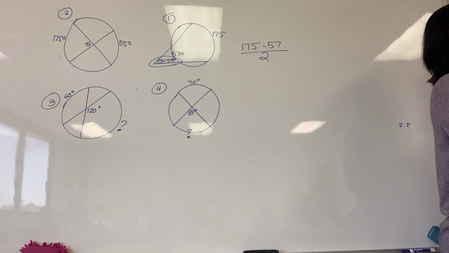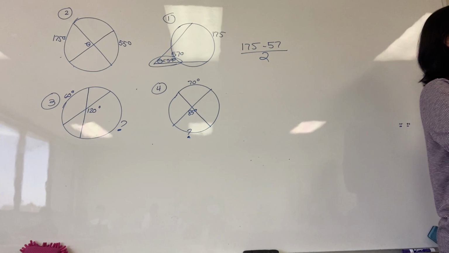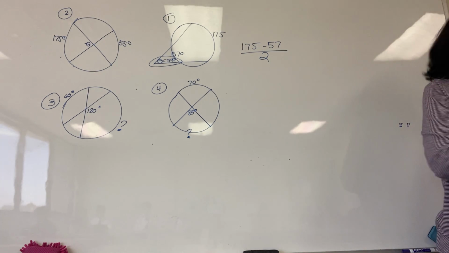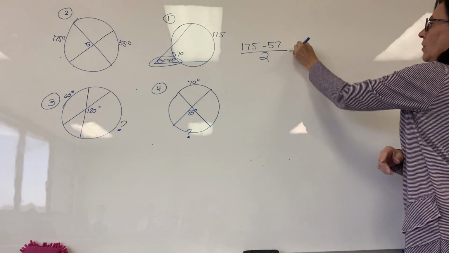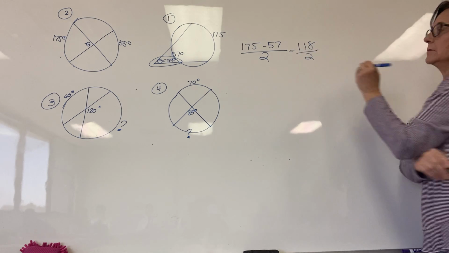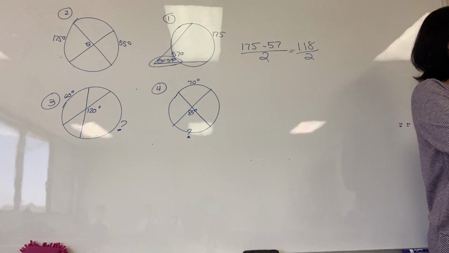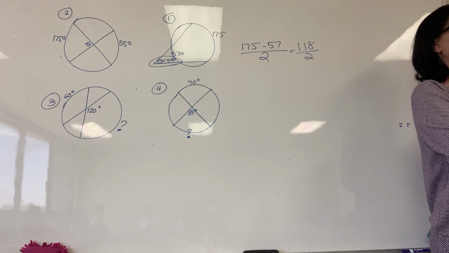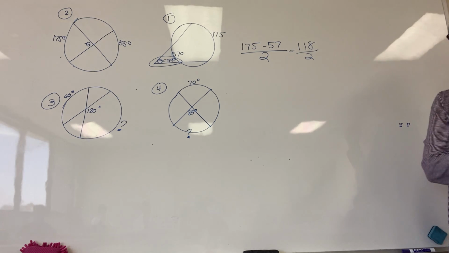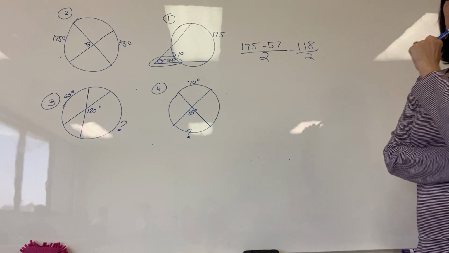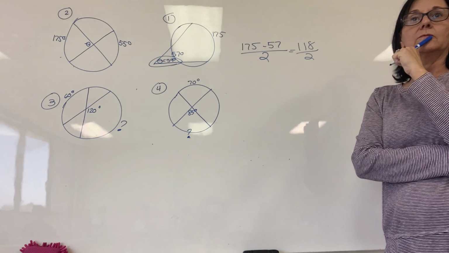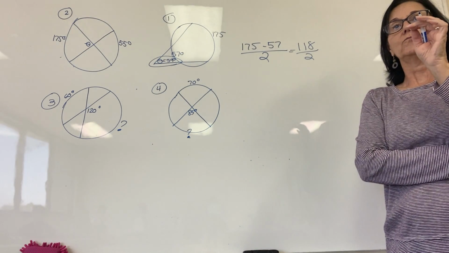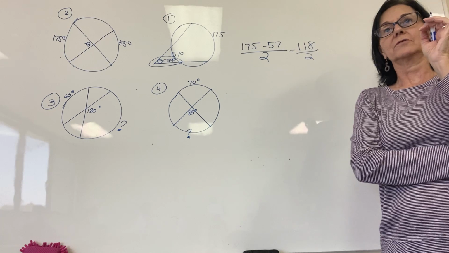What is that numerator? 175 minus 118? Divide that by 2. Right. Okay, I think it was a calculator error. All right.